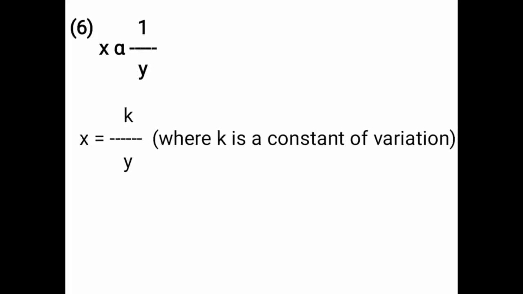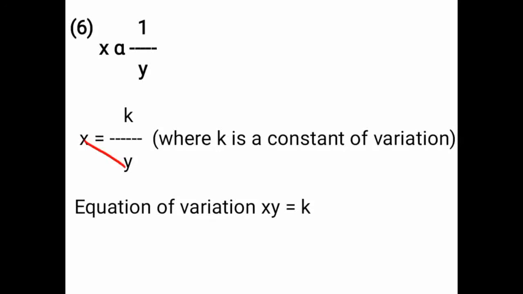X is inversely proportional to y. X is equal to k upon y, where k is the constant of variation. Now write the equation of variation form. The equation of variation in inverse variation is xy is equal to k. When you cross multiply, x into y becomes xy. When x is equal to 15, y is equal to 10.